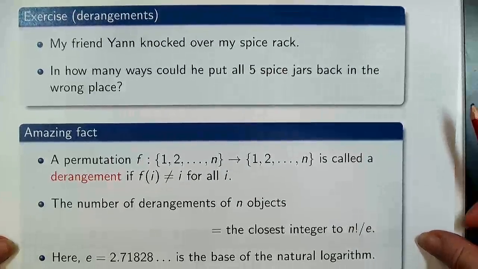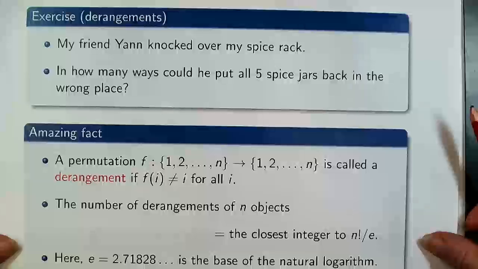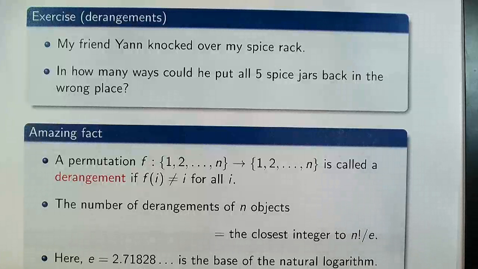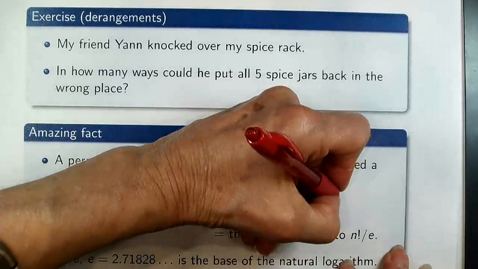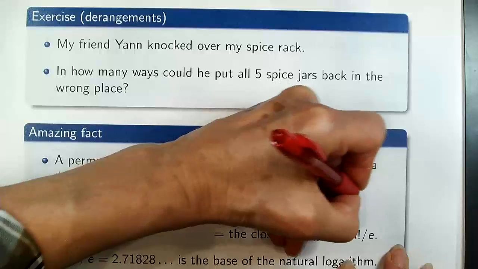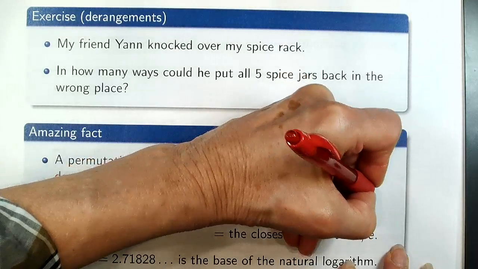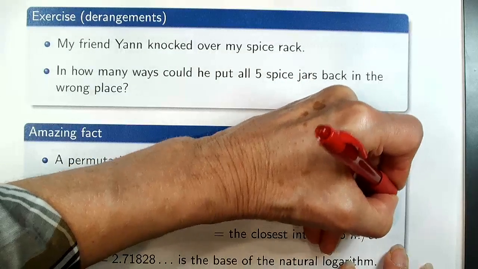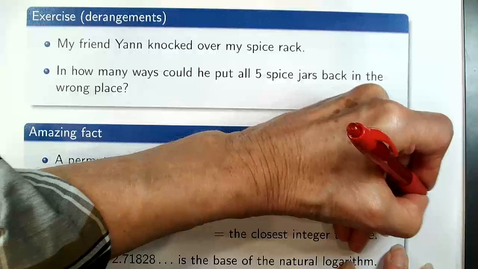Now, here's an amazing little fact, this really is amazing when you first see it. The number of derangements of n objects is the closest integer to n factorial over e. Now, how many of you are aware of the natural constant e? Some of you are. e is approximately equal to 2.71828182845, and so on.